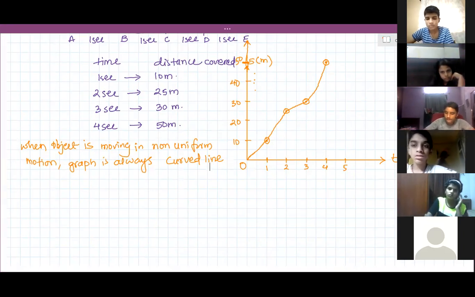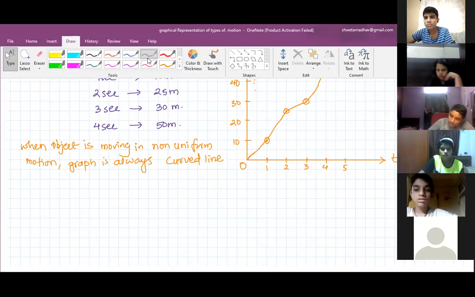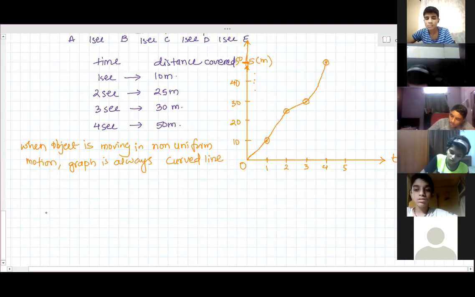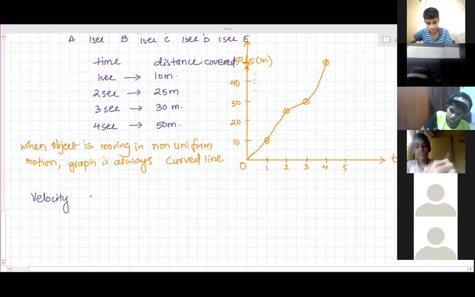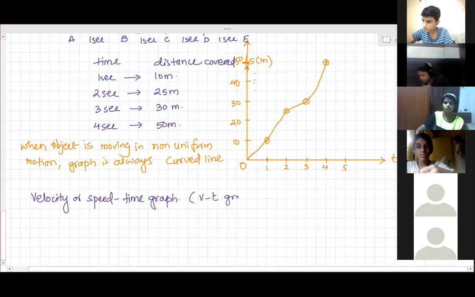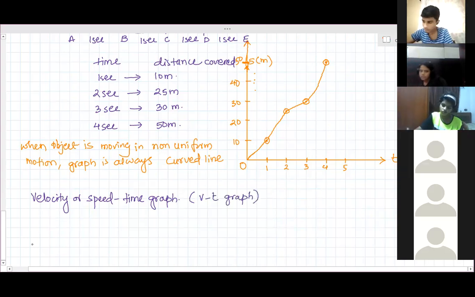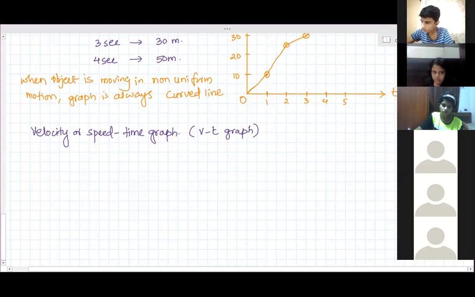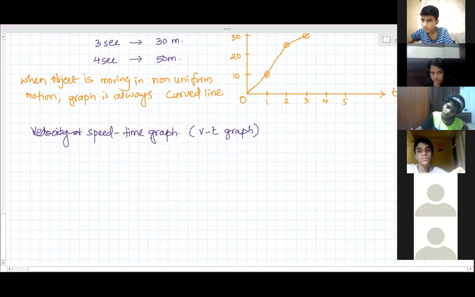Now next is the VT graph, velocity time graph. Velocity or speed time graph. We are not considering velocity, take it only as a speed time graph.